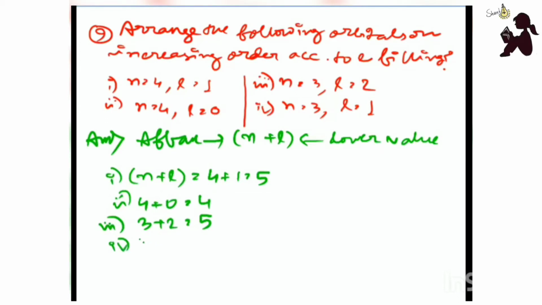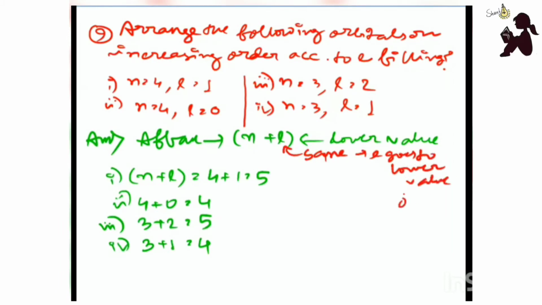And for the fourth case, it will be 3 plus 1, that is 4. So we can see that they have the same value of n plus l in two cases. So we know when the n plus l value comes the same, the electron goes to the lower value of n, right? So let's see it here, 1 and 3 have the same n plus l.